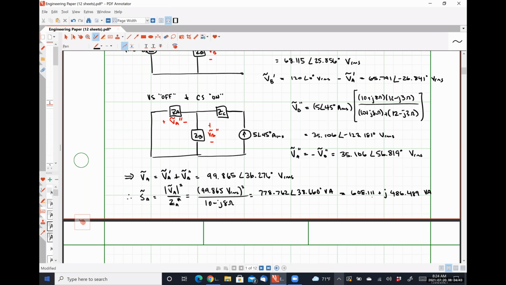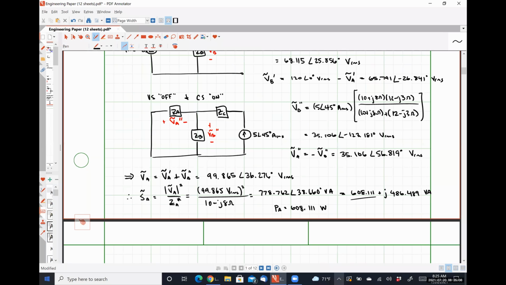Since we are trying to find the average power, PA is just the real part of this, so that would be 608.111 watts. Catching what I'm throwing thus far?